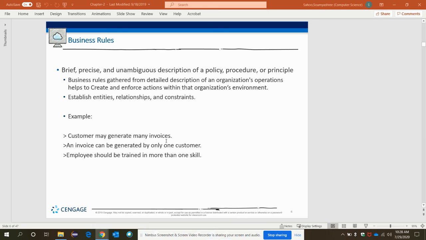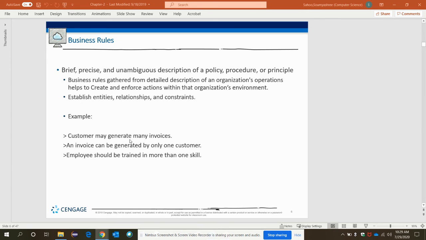Next, let's see what business rules are. A business rule is a brief, precise, unambiguous description of a policy, procedure, or principle within a specific organization's environment. Business rules are derived from a description of operations. As the name implies, a description of operations is a detailed narrative that describes the operational environment of an organization.